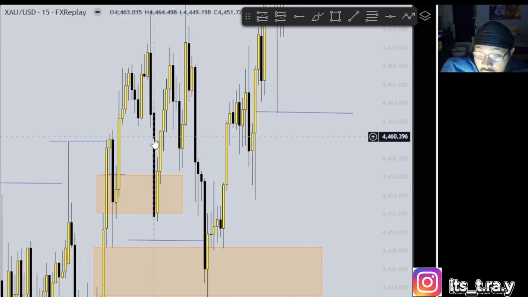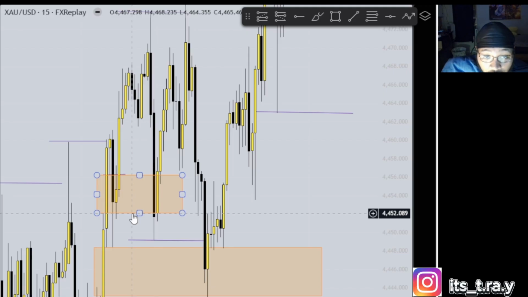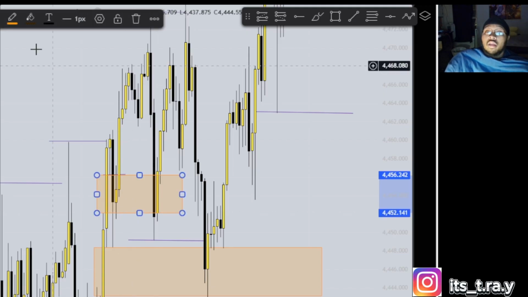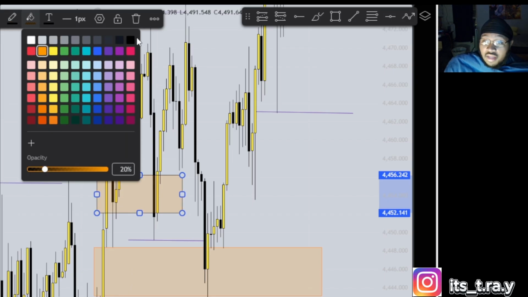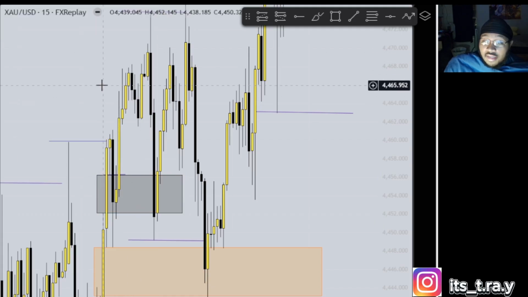As y'all can see, this black candle closed below this fair value gap, making it an inverse fair value gap. The orange fair value gaps are the bullish fair value gaps, and when I turn them black or gray like this, that represents an inverse fair value gap.